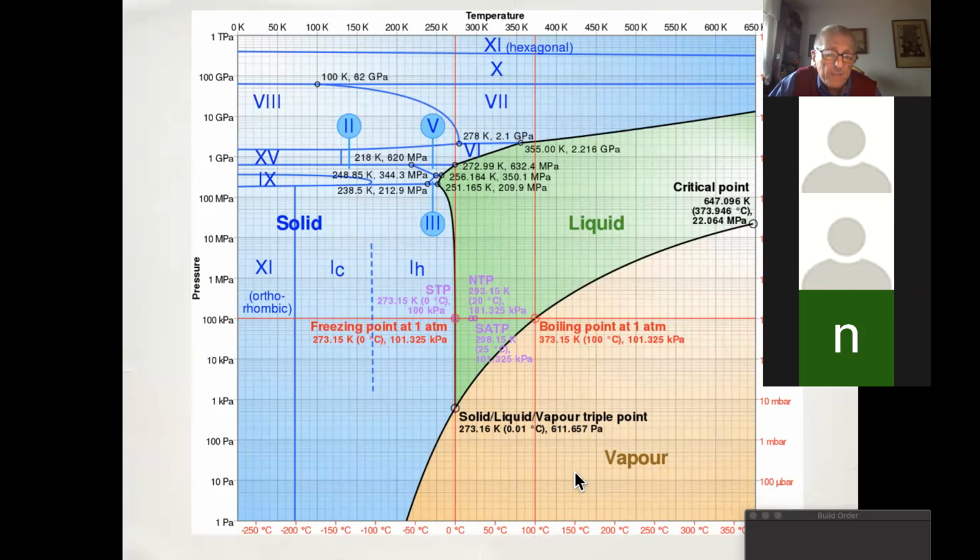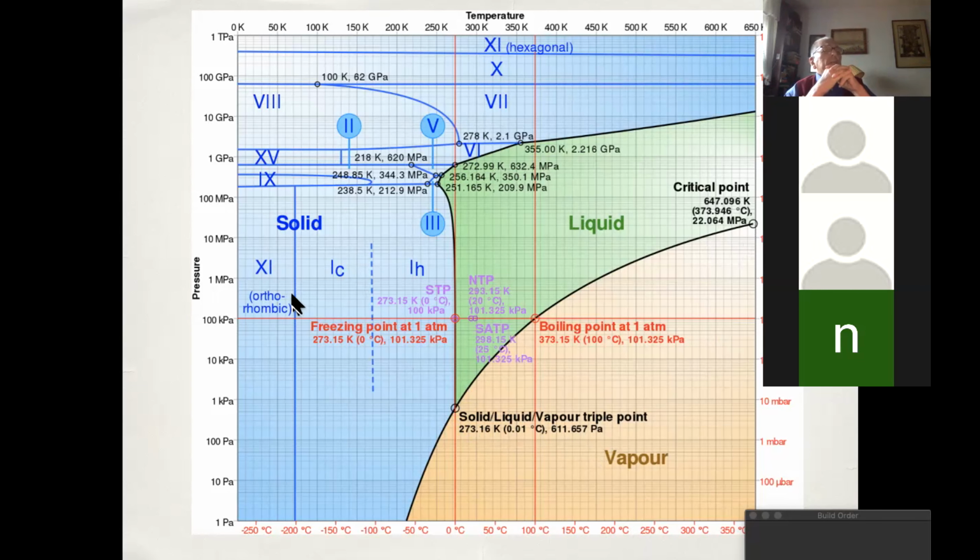We have a vapor phase here. This is the solid-liquid-vapor triple point, and up here is the critical point, and here we have solids. But we have an enormous number of different solids, and ice actually has 19 different phases.